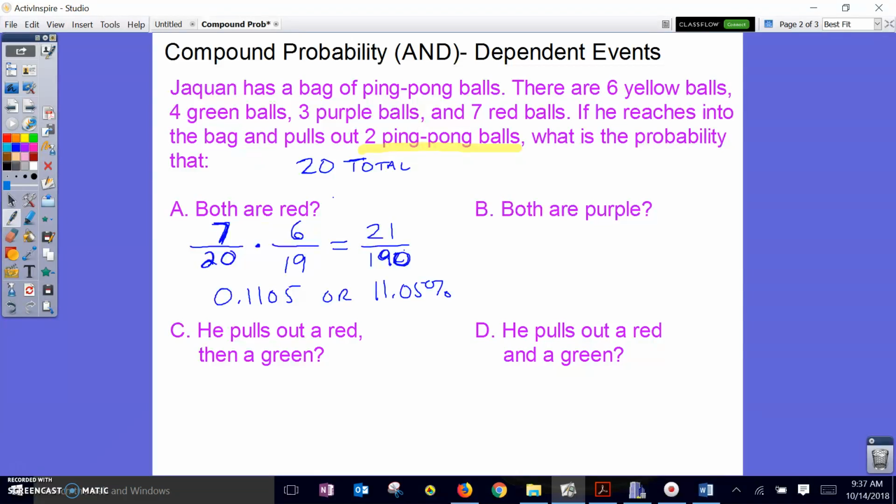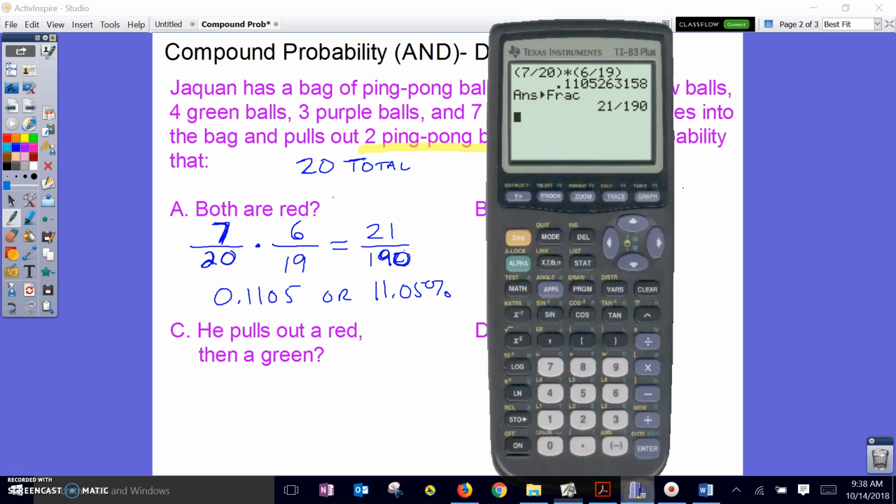Alright, both are purple. Okay, so the chance of pulling a purple one on the first ball is 3 out of 20. There are 3 purple balls out of the 20 in the bag. And then to pull the second ball out, there are now only 19 balls left in the bag, and 2 of them are purple.